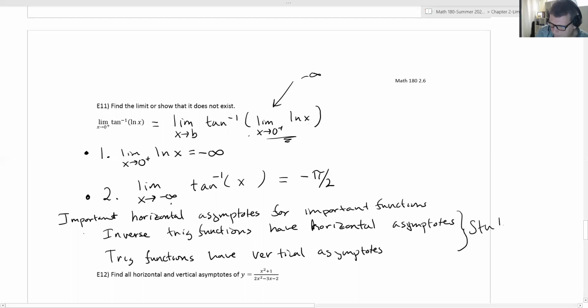Study that, let's just throw that out there: the vertical asymptotes for trig functions, and the horizontal ones for their inverses.